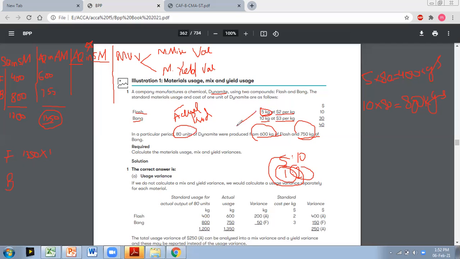Then for bang, 1350 into 2 divided by 3. Now let's see what are the answers. For flash, 1350 multiplied by 1 divided by 3 is 450. For bang, 1350 multiplied by 2 divided by 3 is 900.